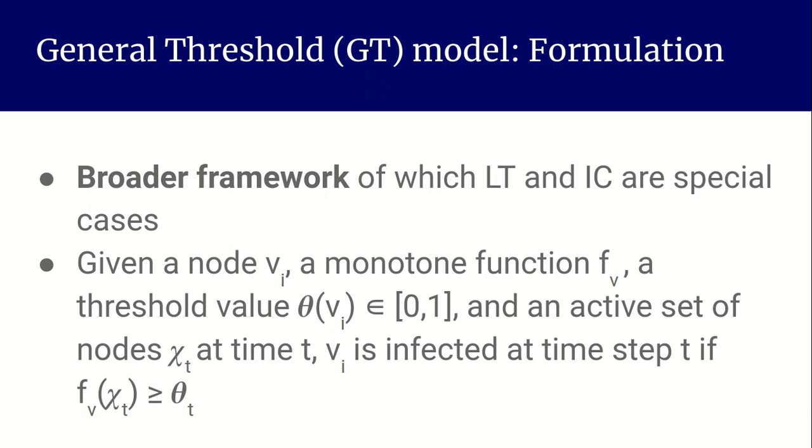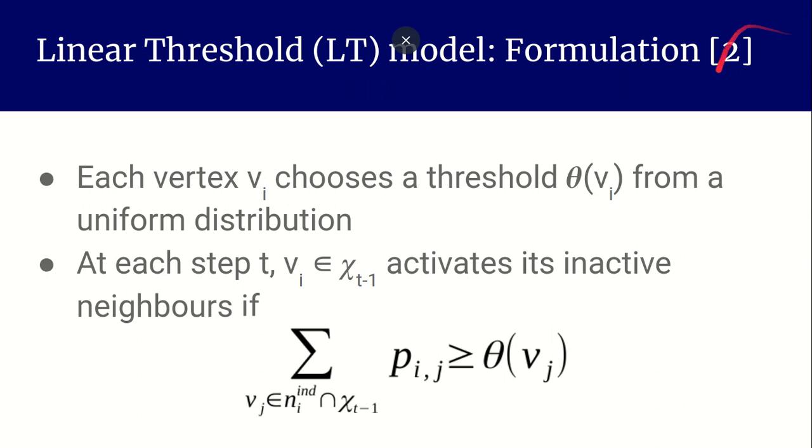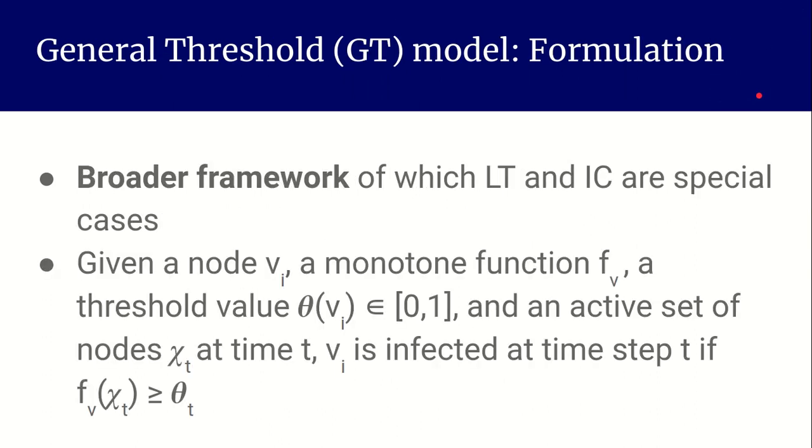You can have the generalized threshold model and the general cascade model. The general threshold model is a broader framework for the linear threshold model, whereas the general cascade model, which we're not going to treat here, you can go to reference 2 and see how the authors have generalized these two models.